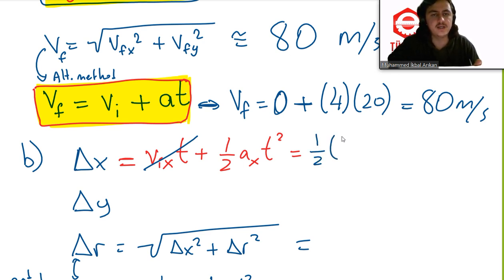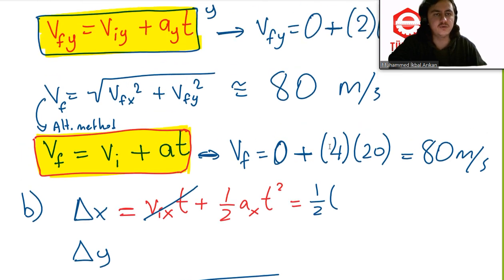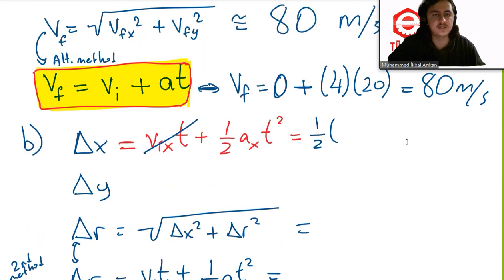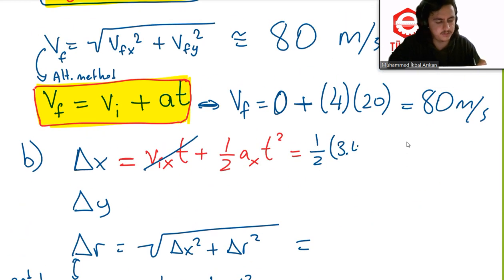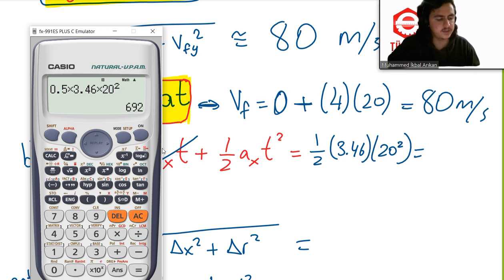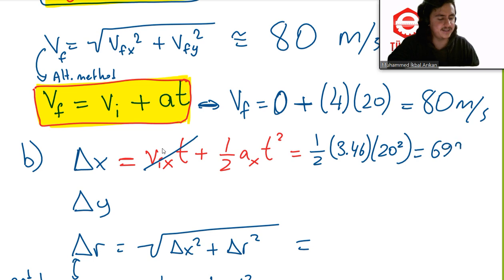Where is acceleration? 3.46, okay? Then what's your time? It's 20 squared. So half of 3.46 multiplied by 20 squared, you will get 692 meters. This is our displacement in x.